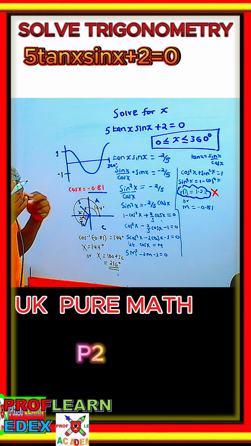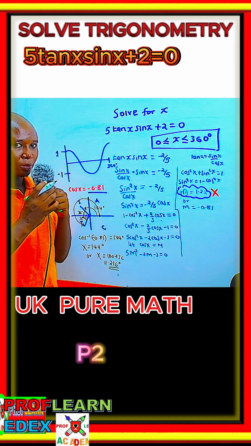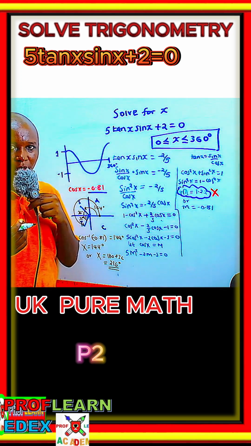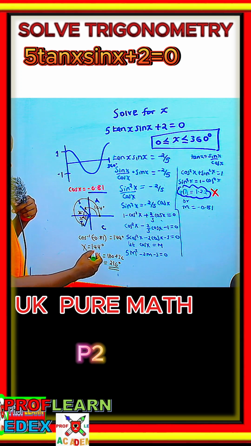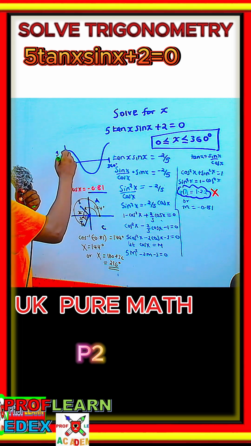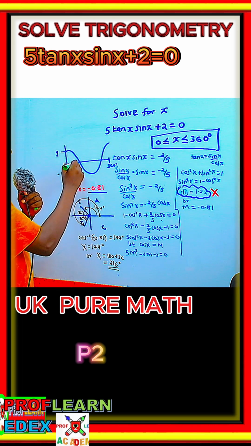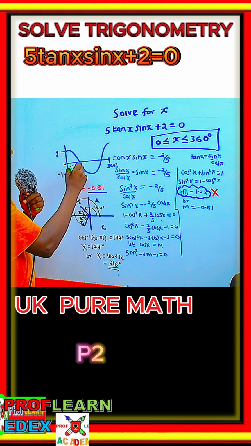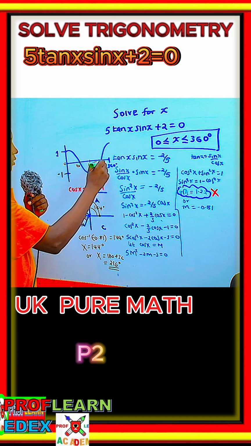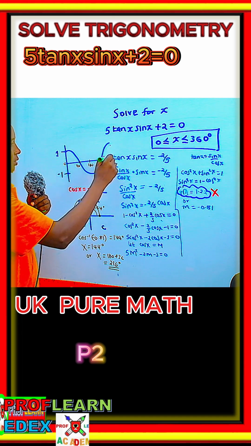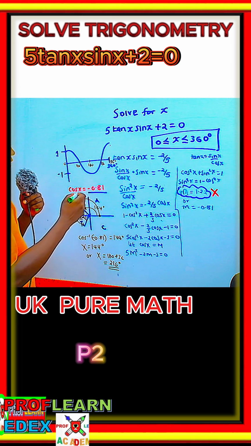So the two values that satisfy this equation are x equal to 144 and 216. You can see if we move like this, this is 0, this is 90, this is 180, this is 270, and this is 360 degrees.